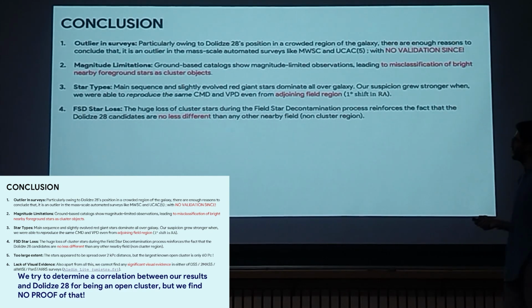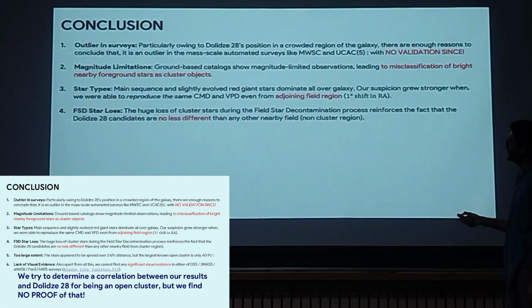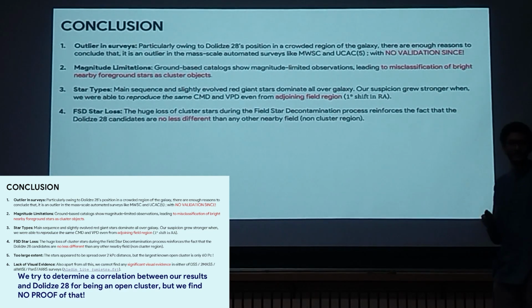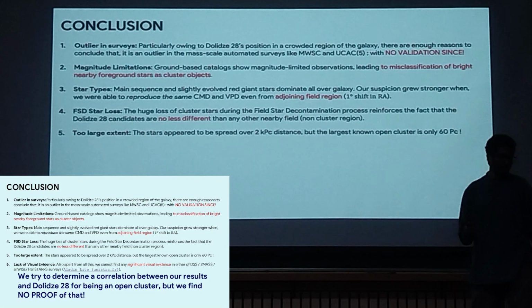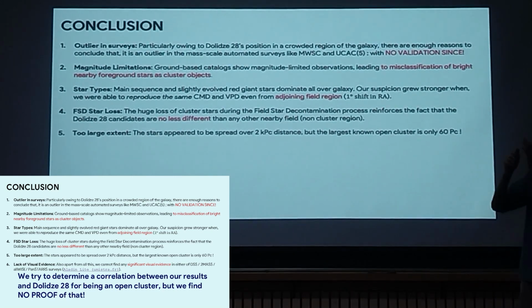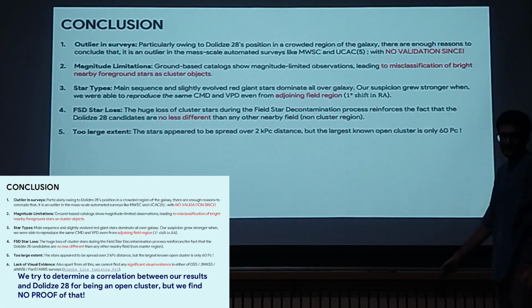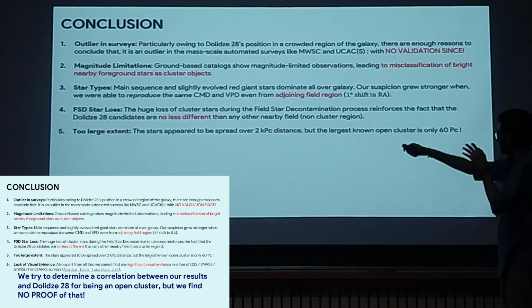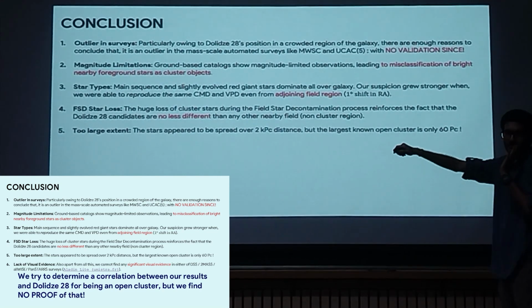Again, the significant amount of star loss in the field star decontamination process proves that most of the cluster candidates are no different than any other field region. To a large extent, if you remember, I showed a plot of depth versus distance. So stars were spread over kiloparsecs. This is clearly unphysical because you cannot have a bound system so big and so spread apart.